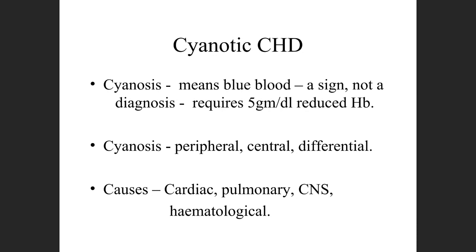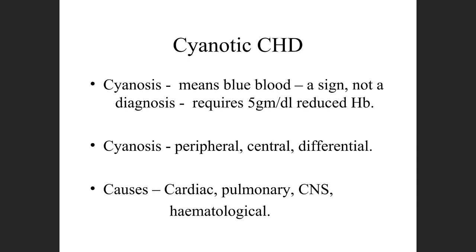Cyanosis may be peripheral, it may be central or complete, and it may be differential, where you find that one area of the body may be cyanosed and not the other area. And we will talk about this a little later.